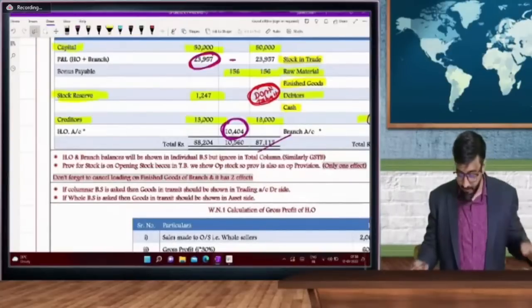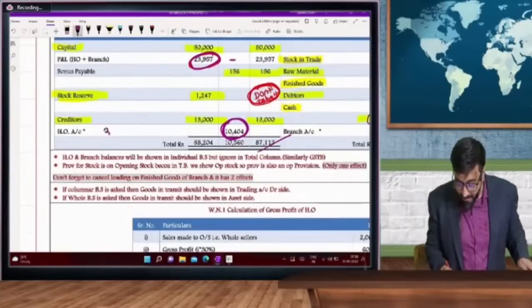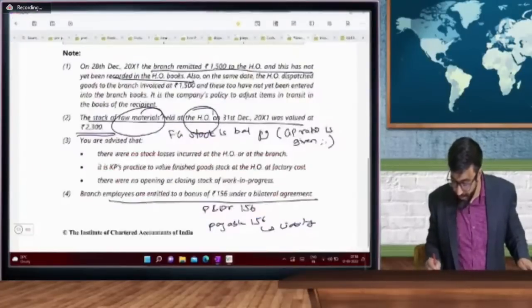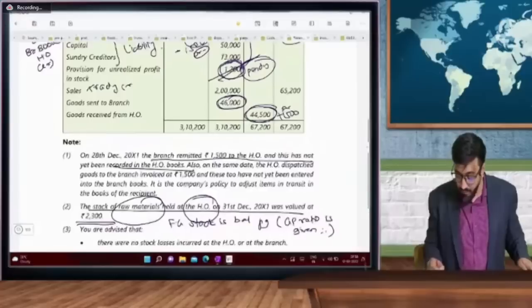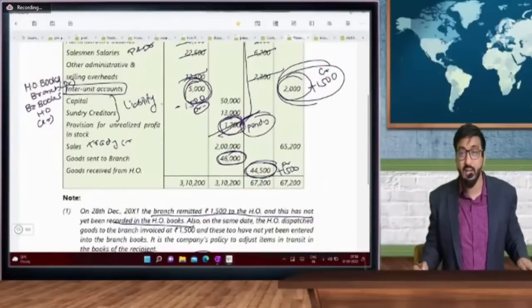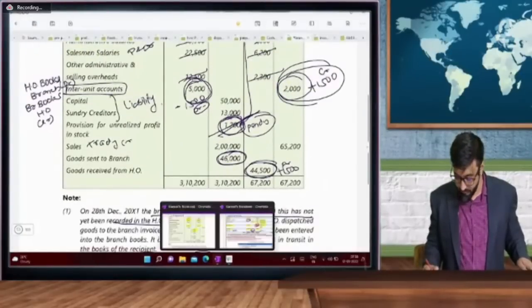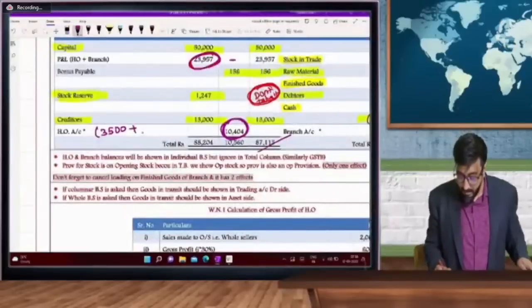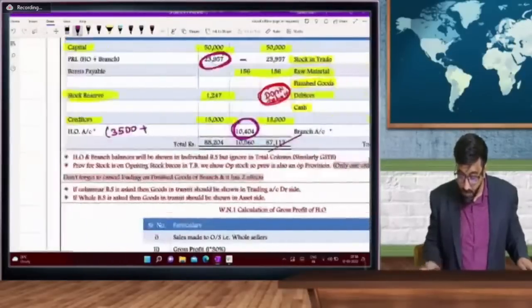See, the Rico balance, the inter unit balance, is 3,500, correct? 3,500 is a Rico balance, plus the head office is recording the branch profit, merged with the head office profit.